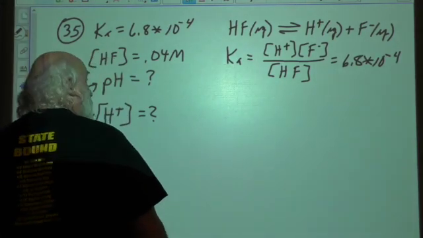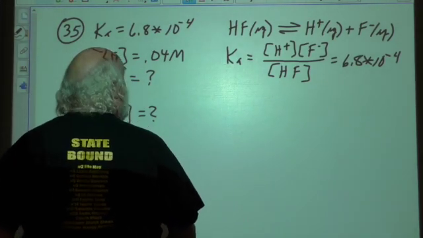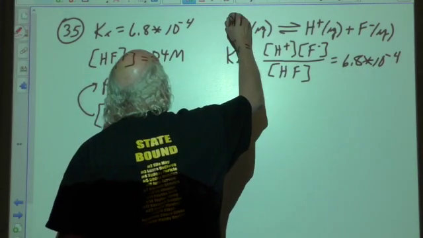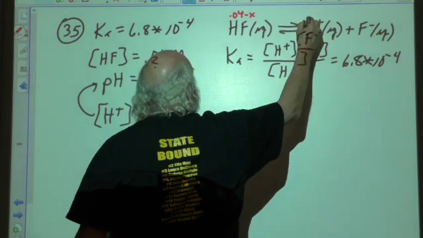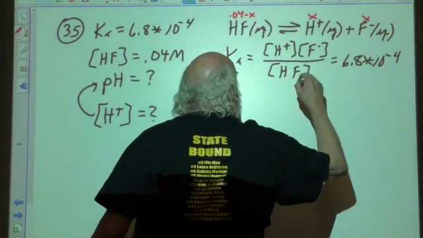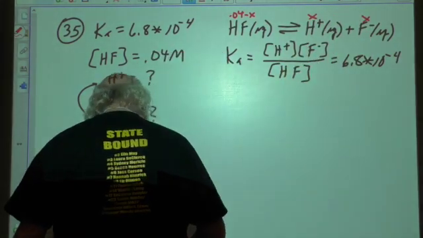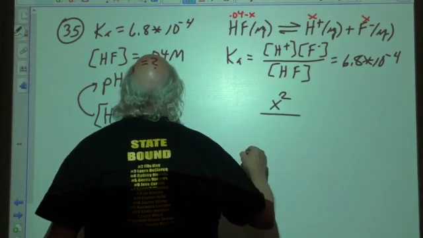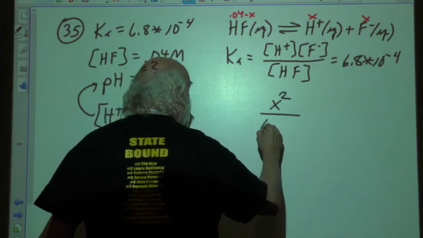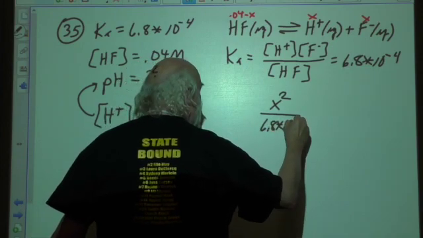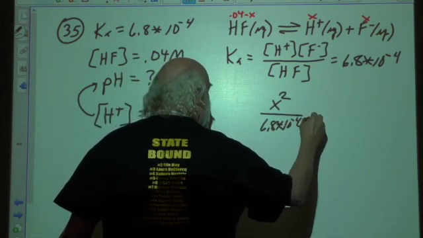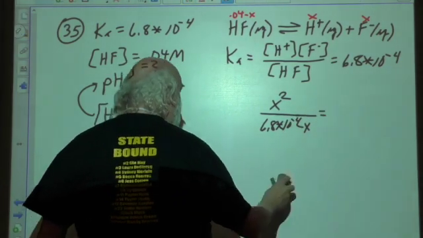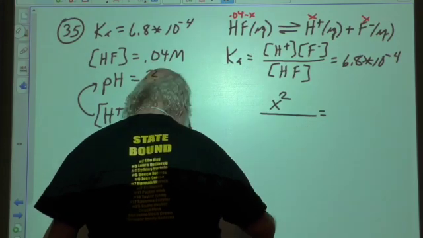And do my quick little ICE thing here. We got 0.04 of this, and we're going to lose x here, we're going to gain x here, we're going to gain x here, which means that's going to be x squared on top over 0.04 minus x equals, how about not that number, because that was really dumb, that was the Ka, I should not have done that.